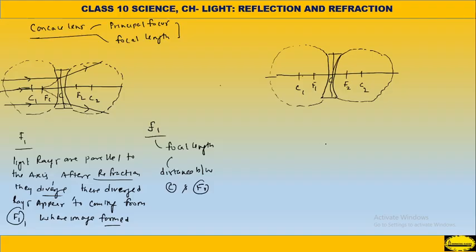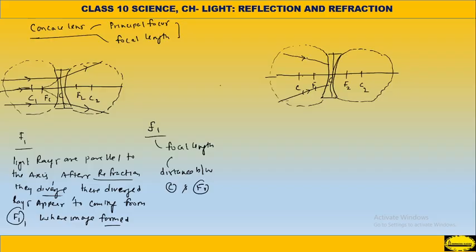Now in the second one, let us see when the light rays are coming from the source of the object and getting incident on the refracting surface somewhere in this way. After refraction, these rays become parallel.